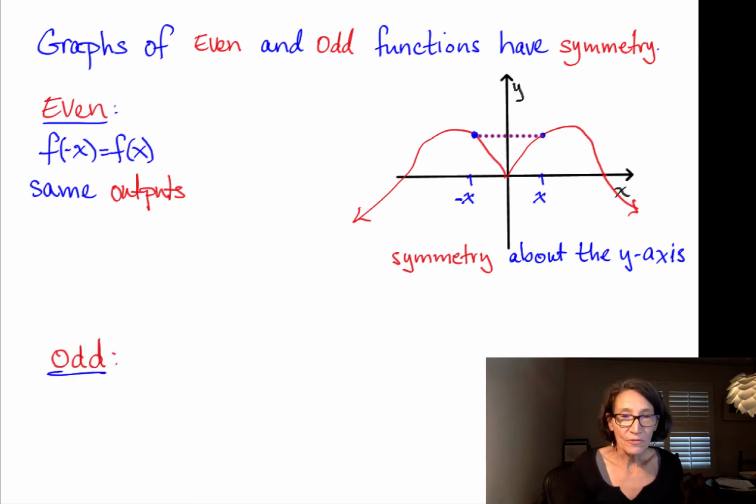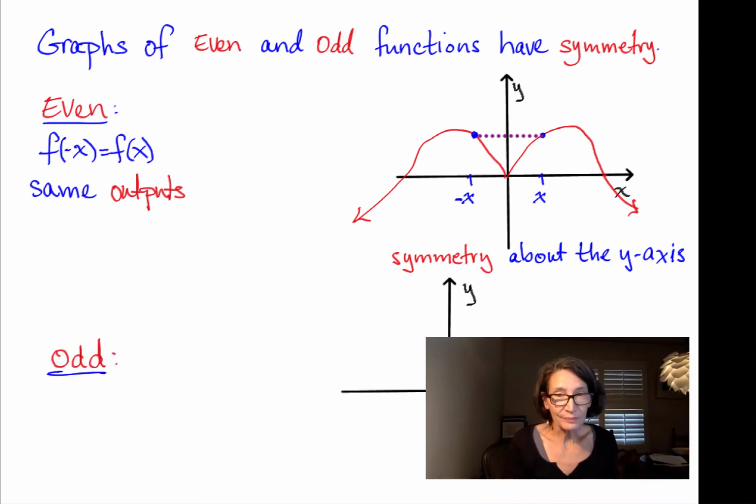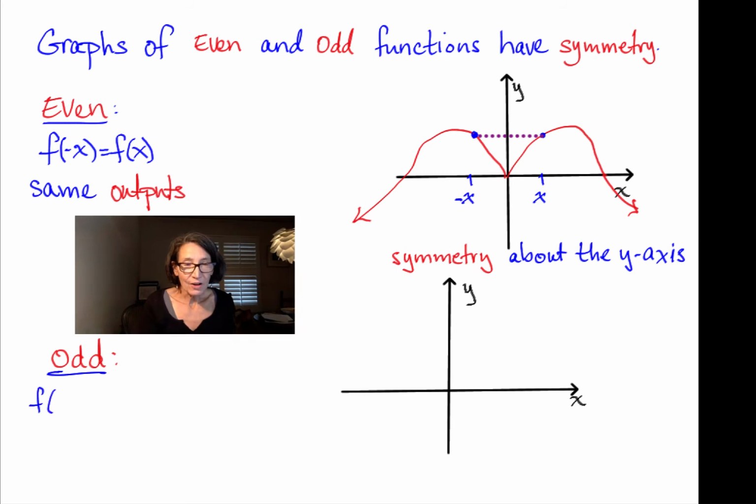Now, what about an odd function? Remember, the definition of an odd function is f of negative x has to be negative f of positive x. So this says that the two inputs, x and negative x, have opposite outputs, or their y-coordinates have opposite sign.